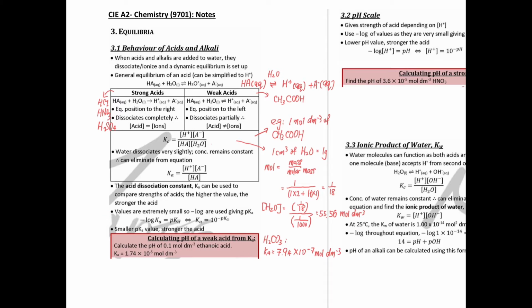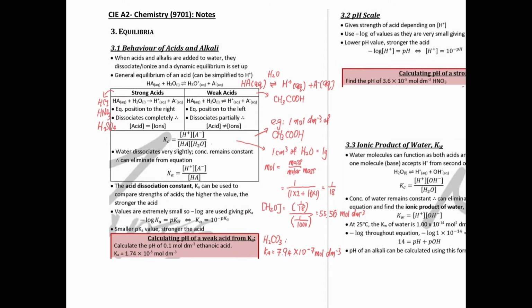Because of that, they have an alternative here. They said the Ka values are extremely small. So you see, this is -5, this is -7, they are small. So negative log the value will give you pKa, and we use pKa to compare the strength.